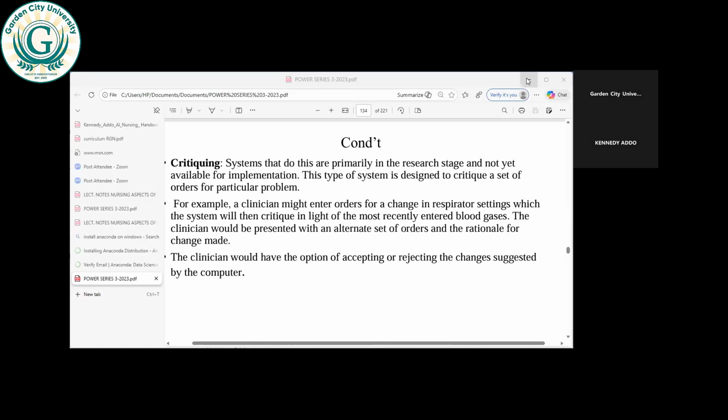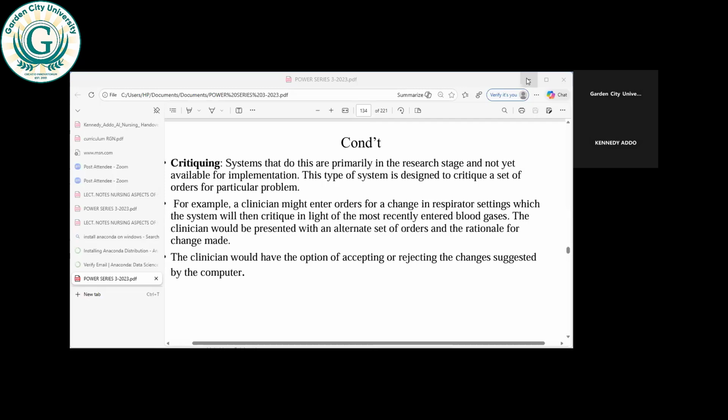MYCIN will help you identify the likely infections or pathogens, and then it can suggest the right antibiotics. You can have several antibiotics. That is why I said MYCIN comes with several antibiotics in its structure. So the system will choose what it deems will manage the situation better. Okay, so that is for MYCIN.